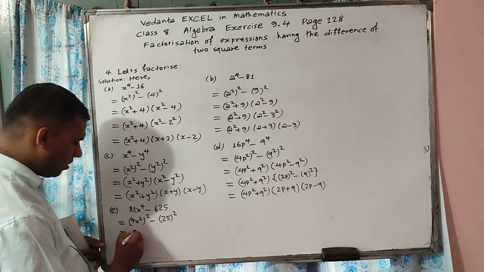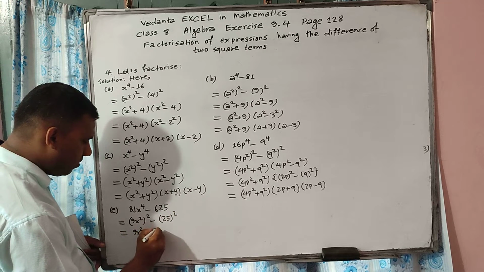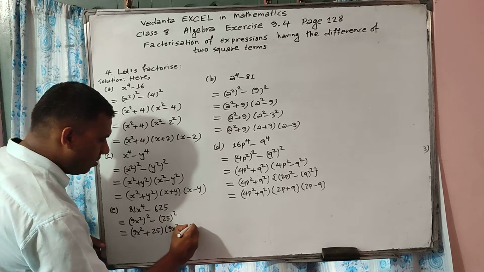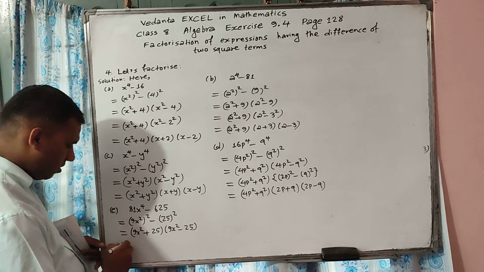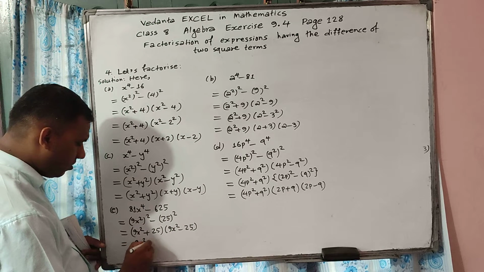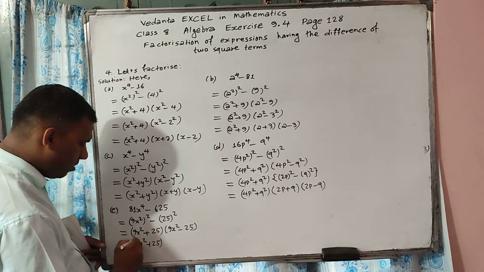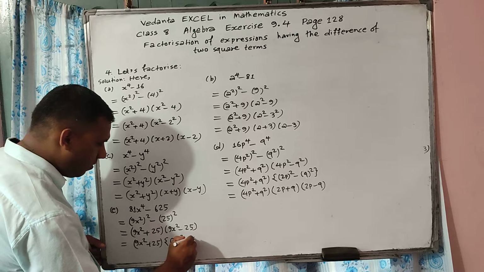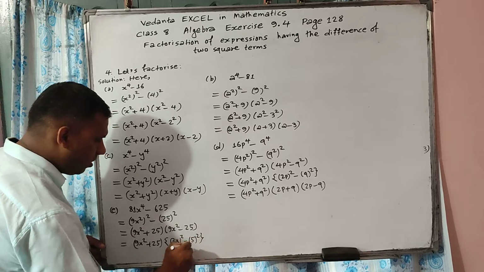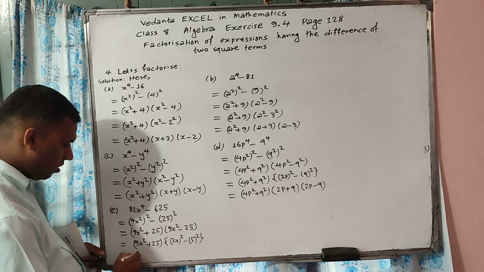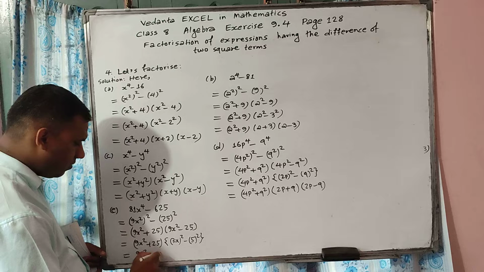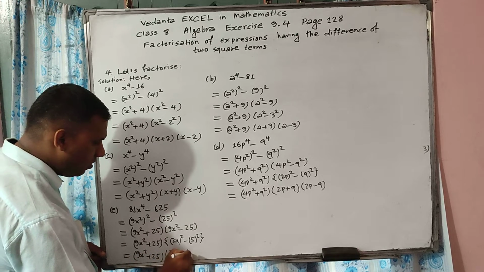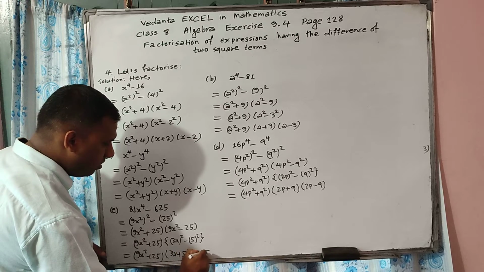This is equal to (9x square plus 25) into (9x square minus 25). This is equal to (9x square plus 25) into (3x) whole square minus (5) whole square. This is equal to (9x square plus 25) into (3x plus 5) into (3x minus 5).